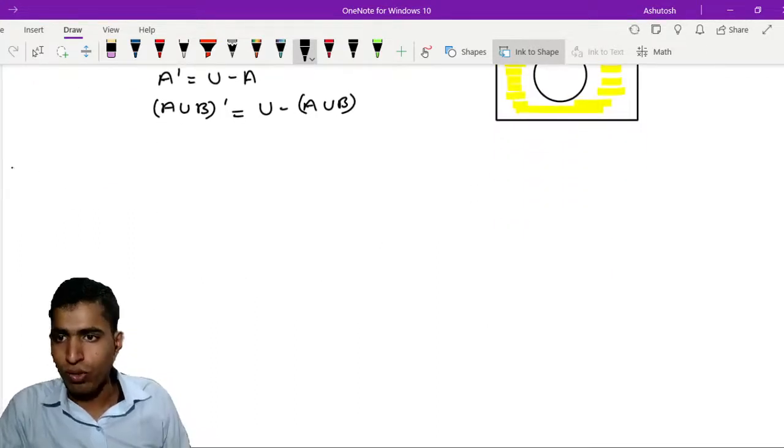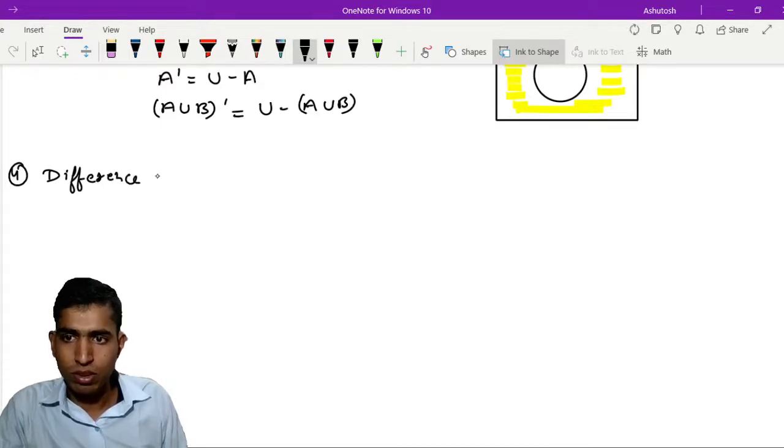The fourth one is the difference of sets.